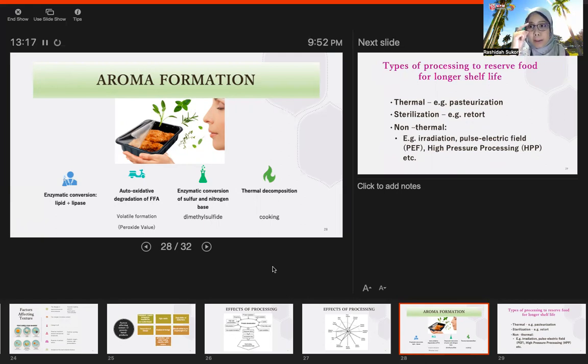FFA is the free fatty acid, where you have the volatile formation of peroxide value. Then you will have the auto-oxidative degradation. So you will have this aroma. The other one is the enzymatic conversion of sulfur and also nitrogen base. This one can also form aroma such as dimethyl sulfide.